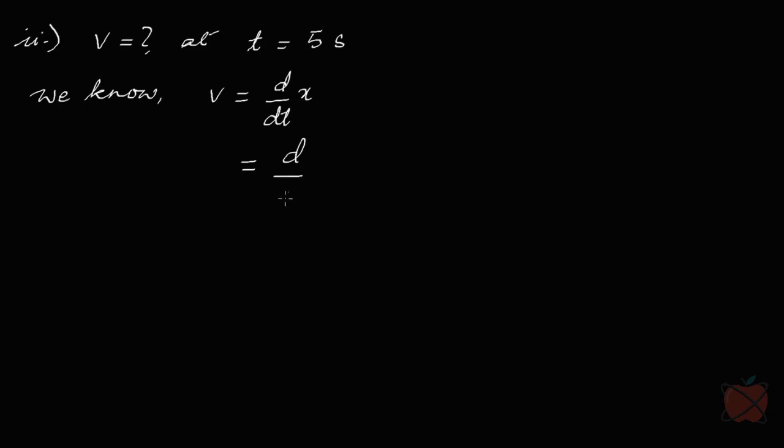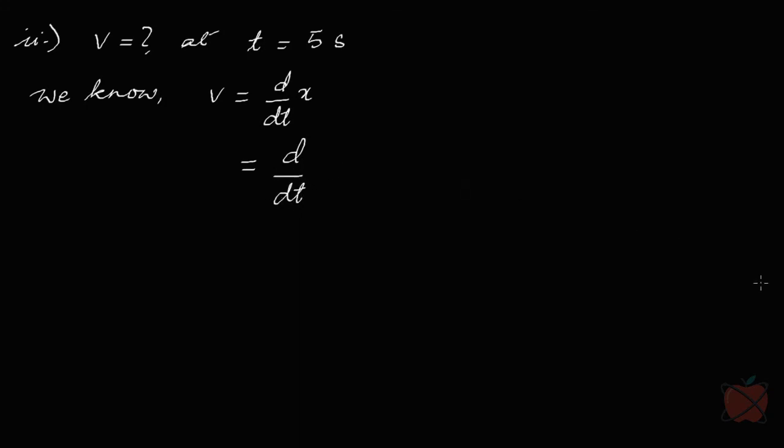Instantaneous velocity v is equal to how much at a time t equal to 5 seconds? We know that v is actually dx/dt. So let us differentiate this first.